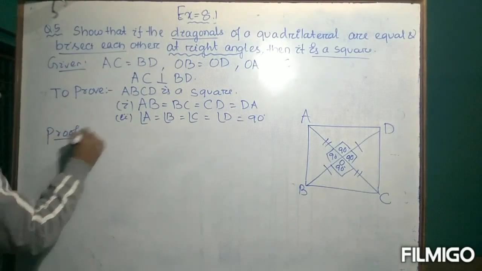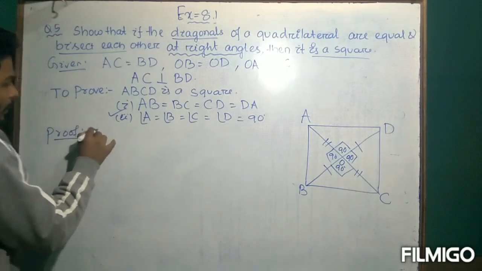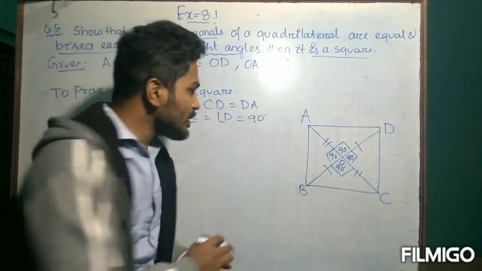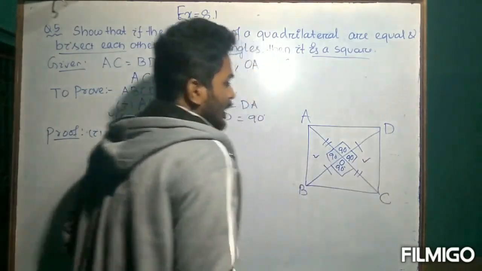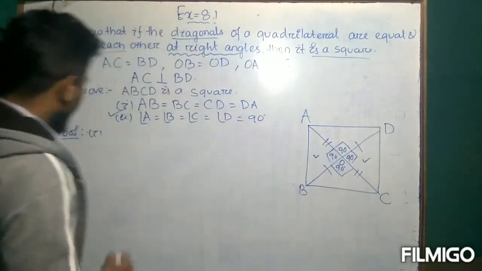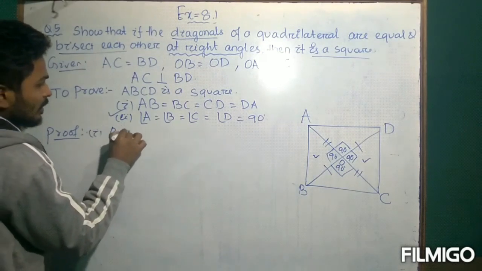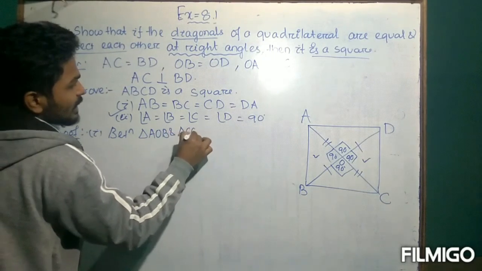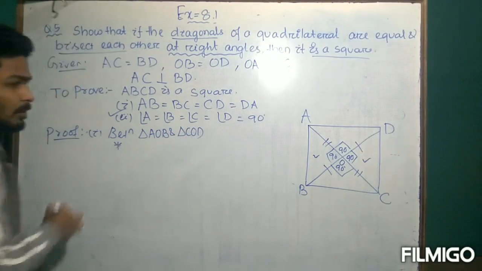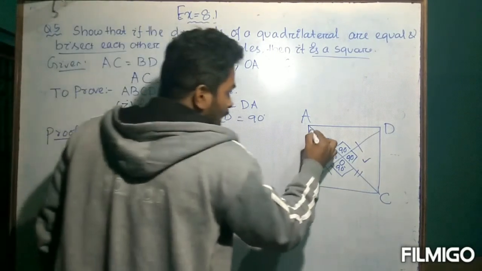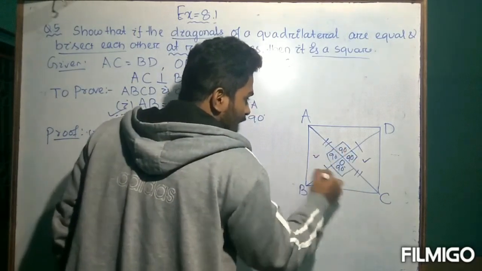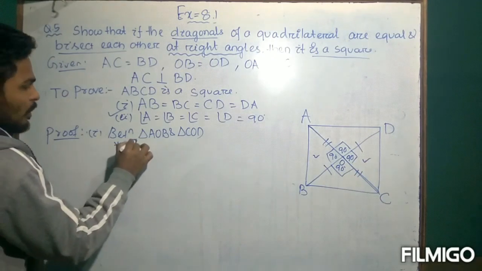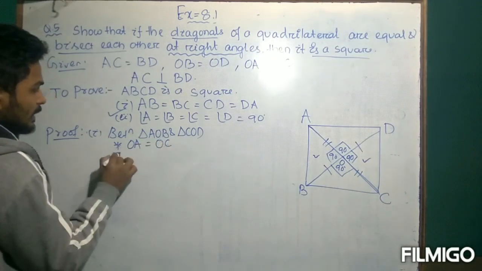So let us prove the statement number 1. In order to prove it, we have to consider first triangle AOB and triangle COD. Between triangle AOB and triangle COD, the three conditions are: this side of triangle AOB is equal to this side of the triangle COD, so OA is equal to OC.